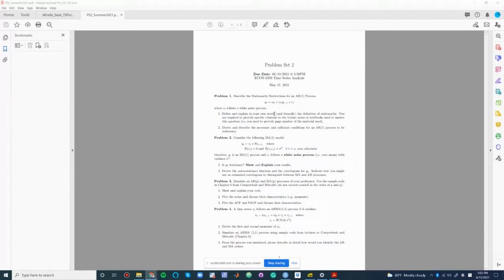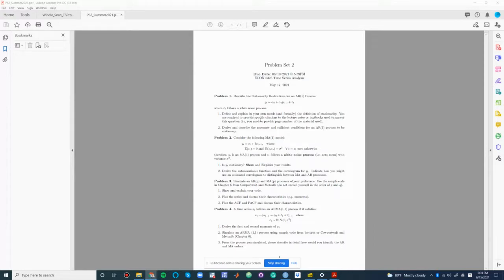So what does white noise mean? White noise means epsilon t follows a normal distribution, its expectation is equal to 0, and the variance is equal to one of the parameters. Right? So the first question is to define and explain in your own words, and formally in parentheses, a definition of stationarity.